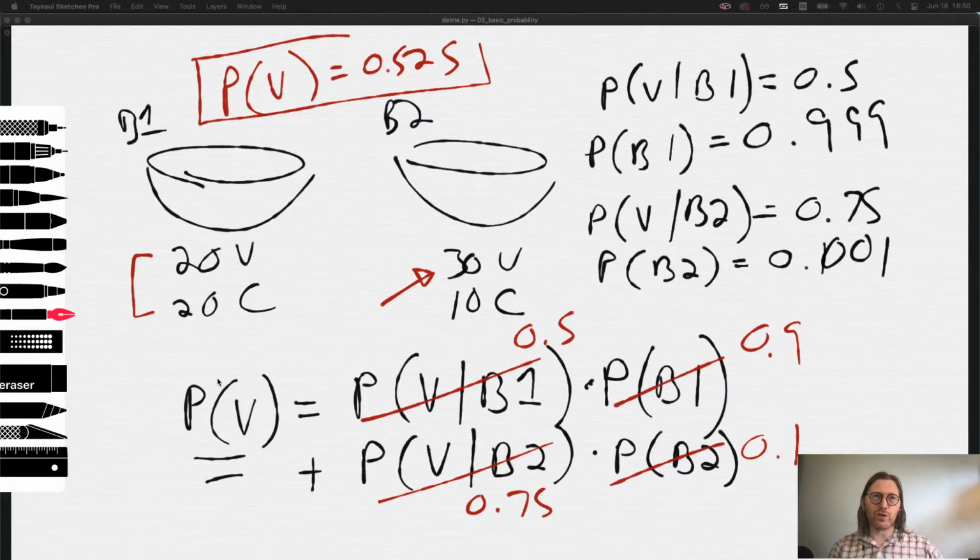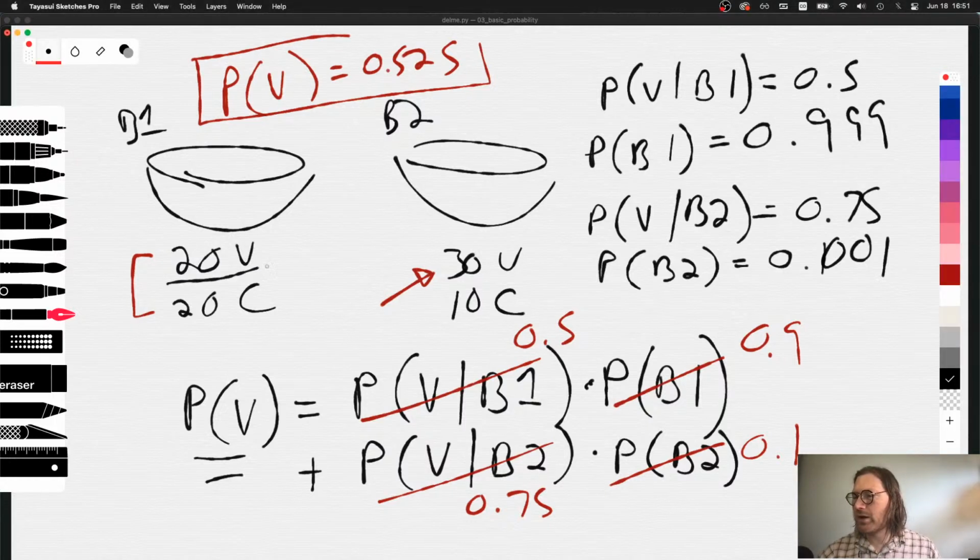And so the larger that bowl is, the more weight, or the more effect, that's going to have on the composition of the final probability, right? The frequency of something that we're seeing, like the frequency of vanilla here, is going to be much more important than the frequency of vanilla over here.